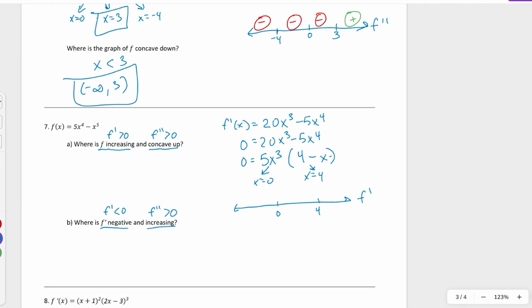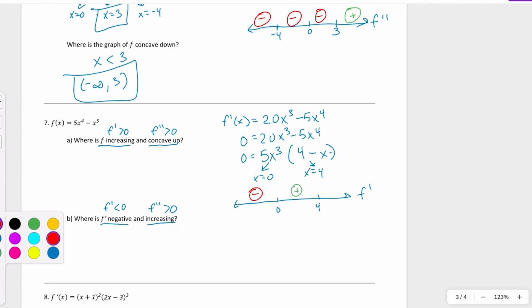Plugging in a negative number, like -1, for instance, a negative number times a positive is negative. Plugging in 1 gives me a positive times a positive, which is positive. And plugging in something like 5 gives me a positive times a negative, which is negative. Okay, so we'll come back to this to answer the question, but we're going to need the second derivative anyway, so I'm going to bypass this for a second.